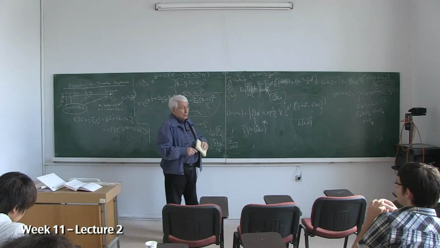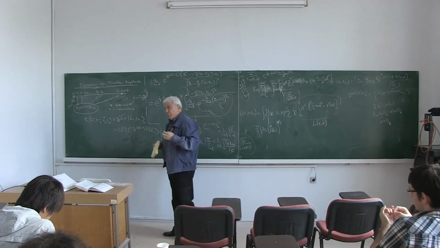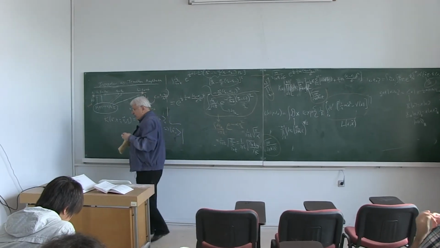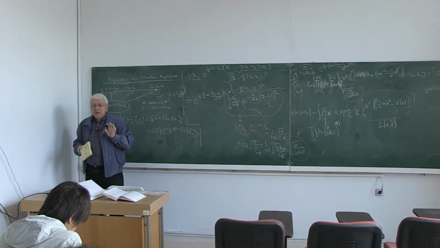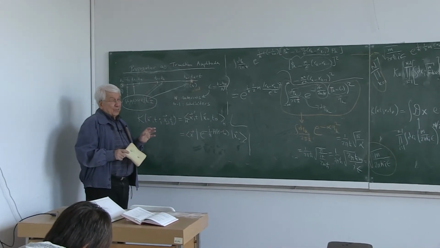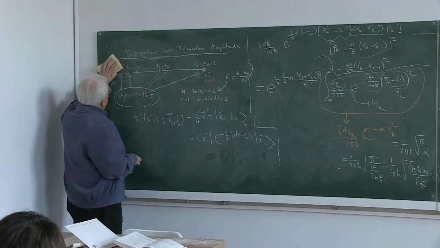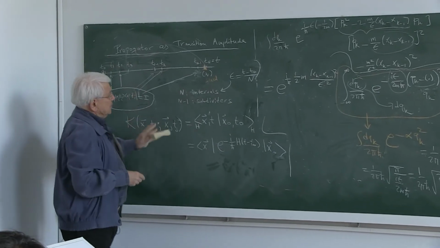Before moving ahead and constructing the free particle propagator using this formalism, I will elaborate a little bit on the implication concerning the sum over all possible paths. Perhaps that picture may be needed.